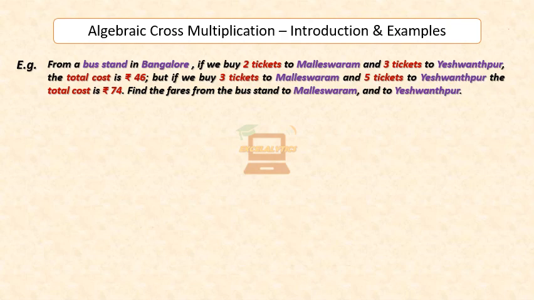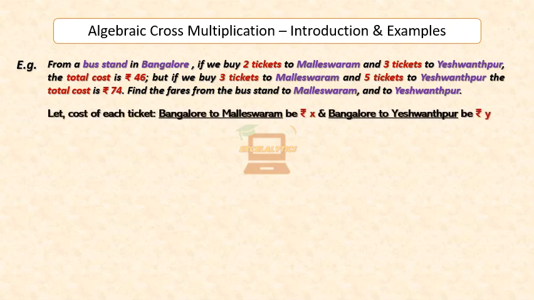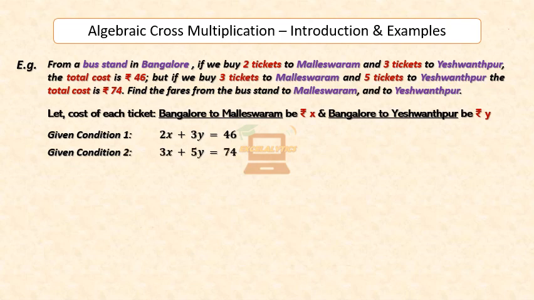Find the fares from the bus stand to Malleshwaram and to Yeshwantpur. Let the cost of each ticket, Bangalore to Malleshwaram be rupees x and Bangalore to Yeshwantpur be rupees y. As per the first condition, 2x plus 3y equals 46. As per the second condition, 3x plus 5y equals 74.